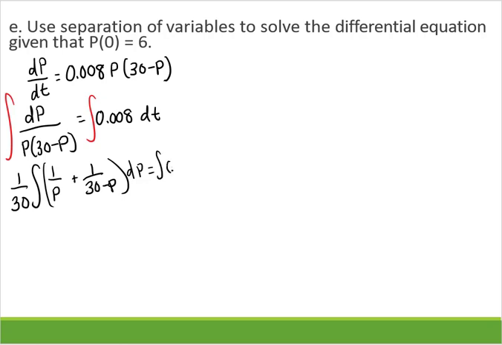I'm just going to leave it unintegrated. I'm going to integrate both sides at the same time. I was going to integrate one side, but I'm not going to quite yet.